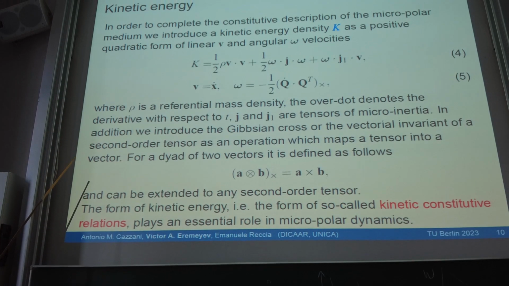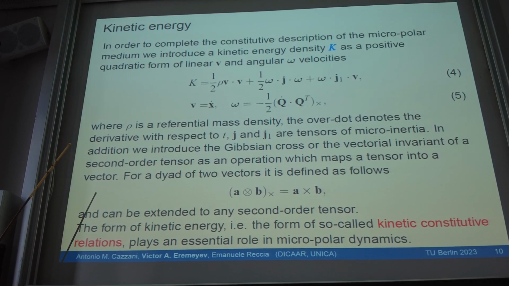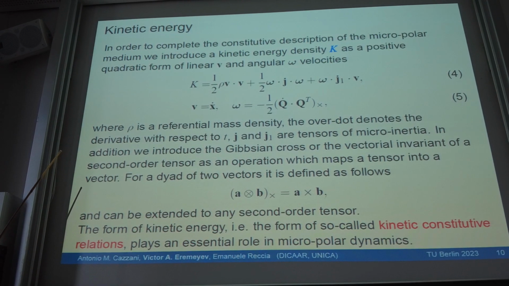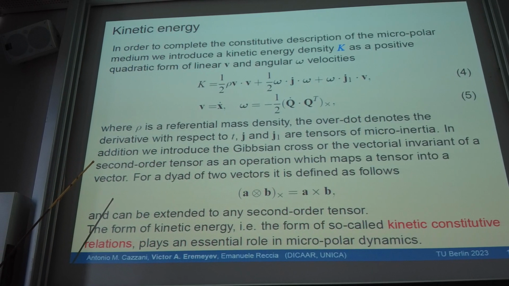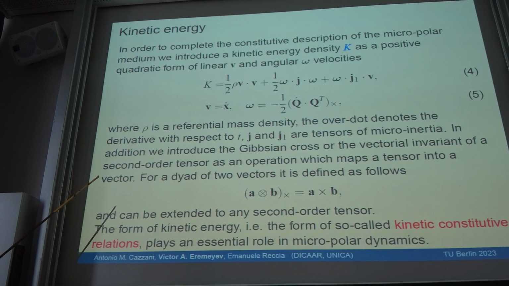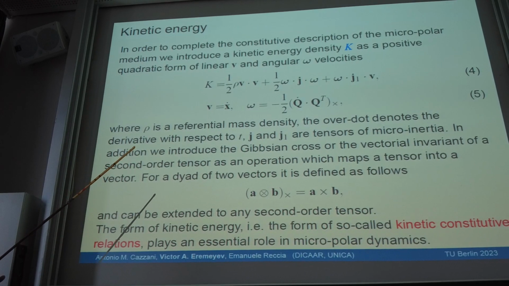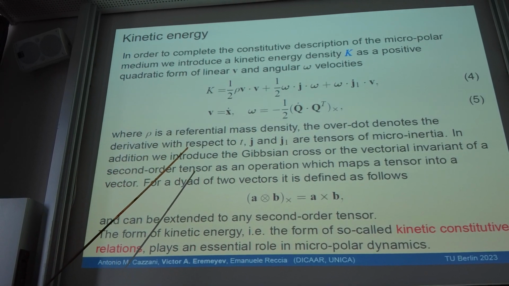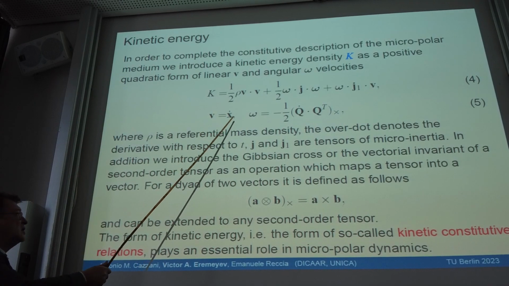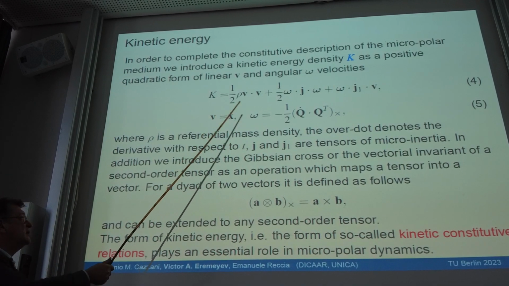Now let's see what we have in the case of dynamics. In the case of dynamics, we should introduce kinetic energy. Kinetic energy, in the case of Cosserat continuum, in general form looks like that. It's a quadratic form of linear velocity and angular velocity, which is defined like that.